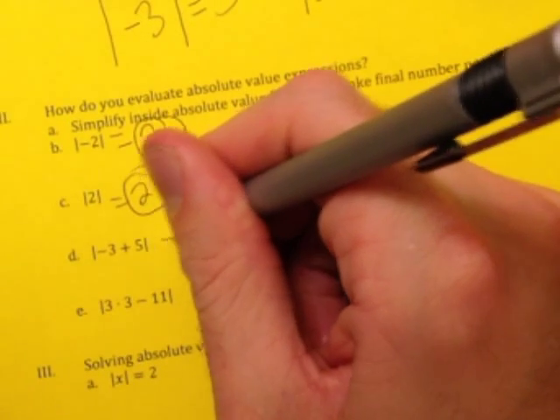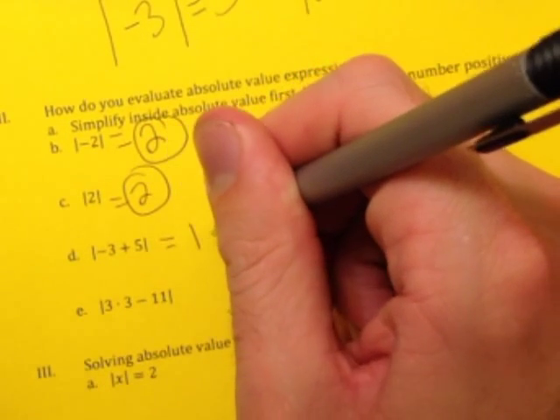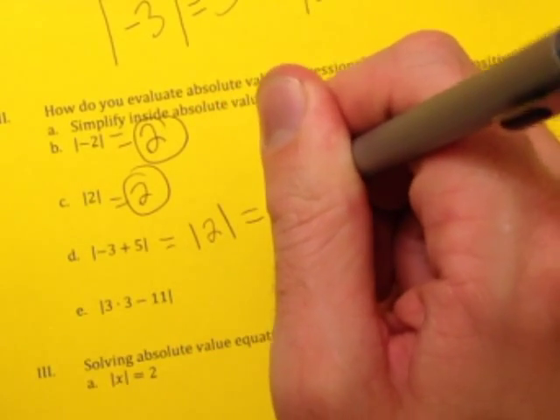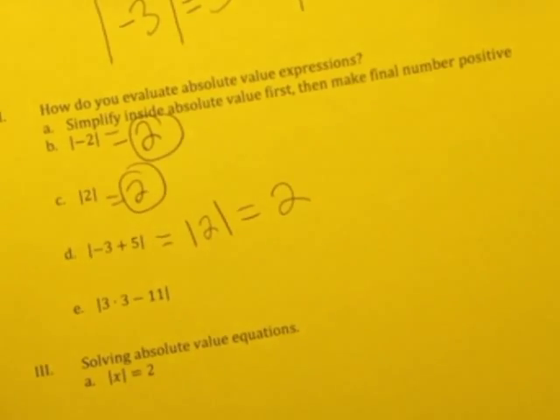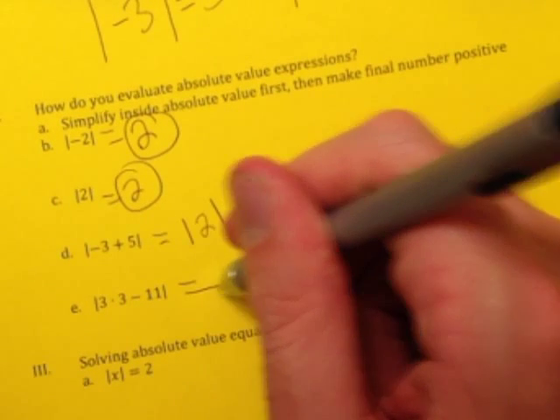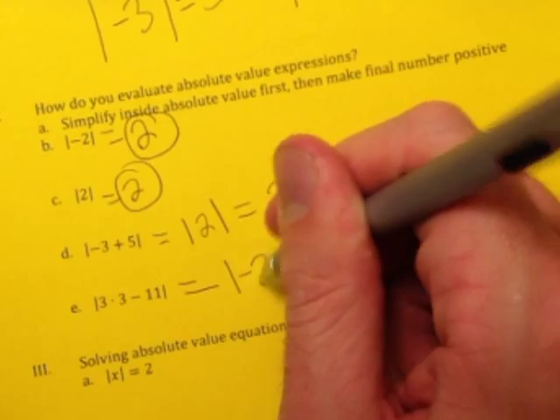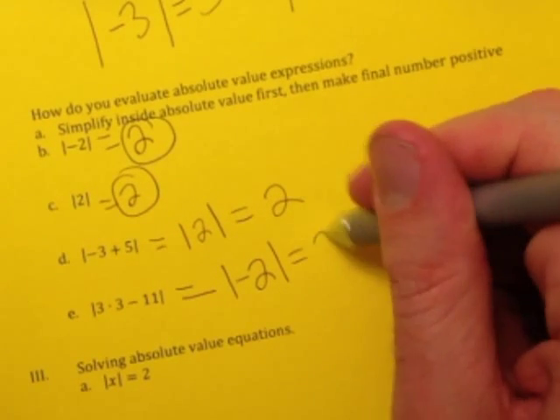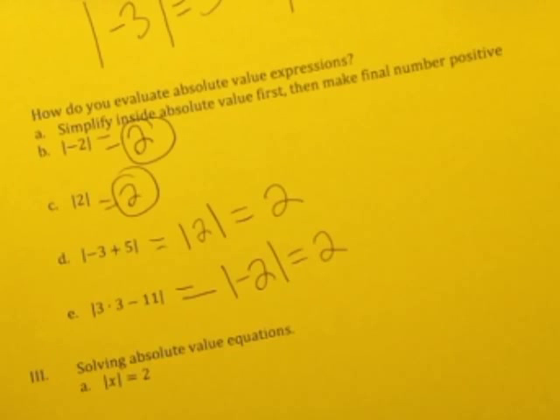So we need to add -3 to 5, and we get 2. And then we know the absolute value of 2 is 2. The bottom here is a little different. 3 times 3 is 9, minus 11 is -2. So we simplify that all down to -2 first. Come back, boom, it's a 2.